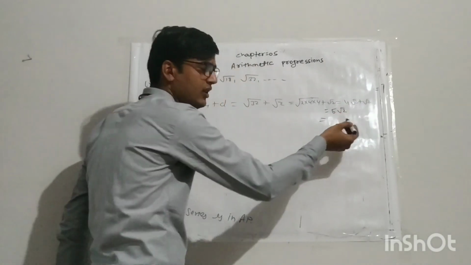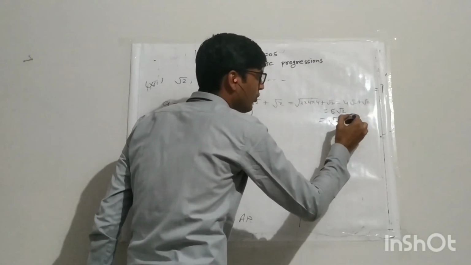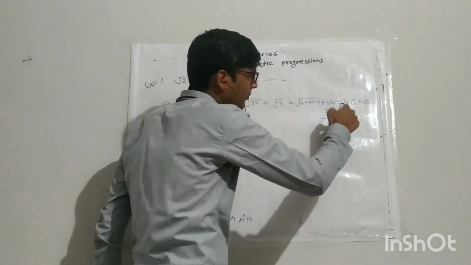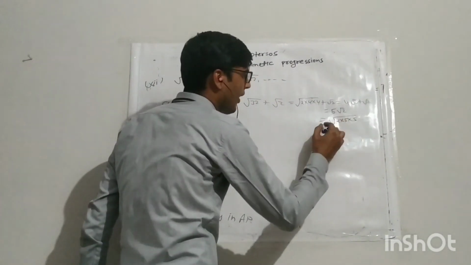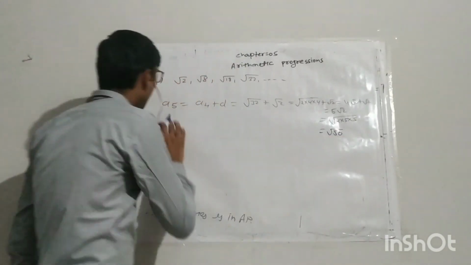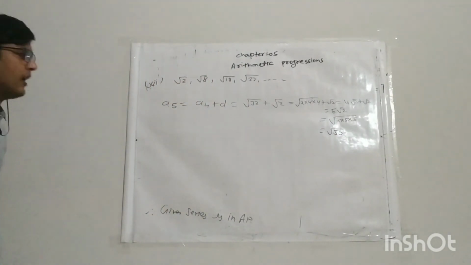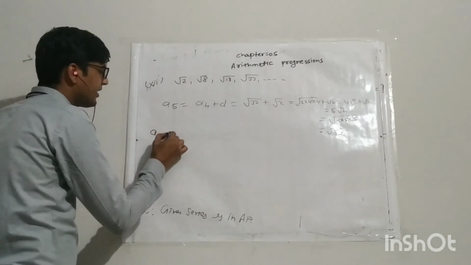Again we write this as root 2 into 5 into 5, because when 5 goes into the root it is squared. 5 5s are 25, 2 25s are 50. So the value of A5 is root 50.